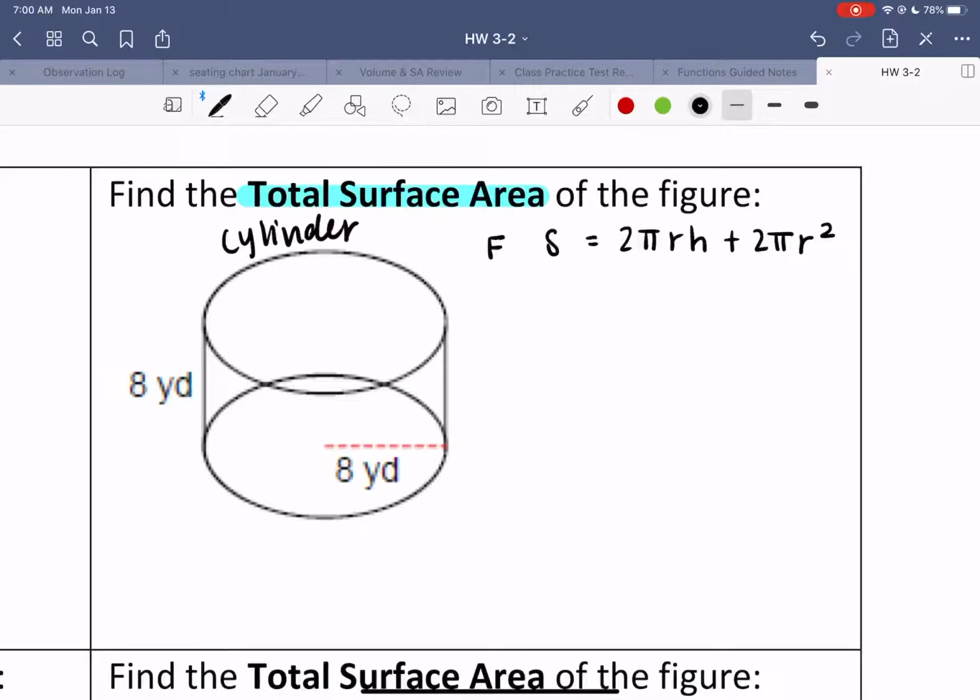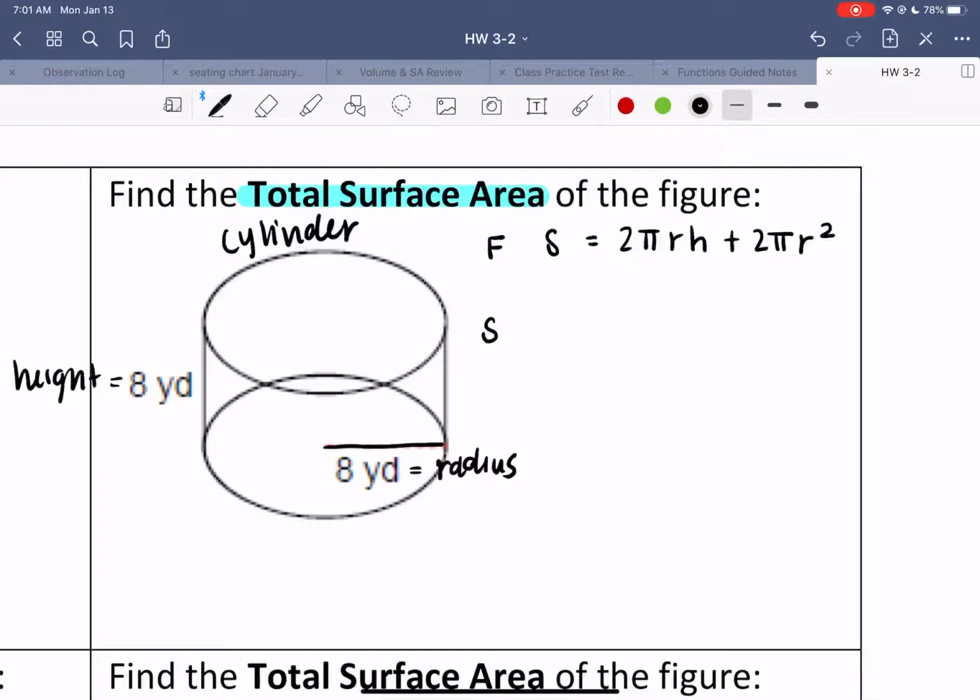On this one, we also don't have any capital letters, so we're not going to have to substitute any formulas, but we do have numbers that we can substitute. So this is going to equal our radius, and this is going to equal our height.